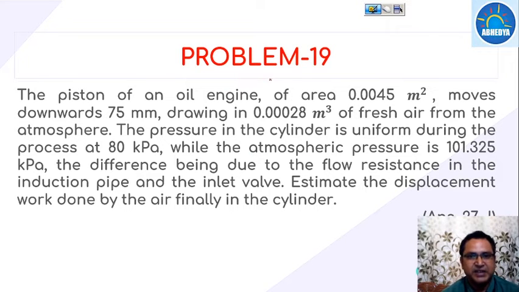The next problem is, the piston of an oil engine of area 0.0045 meter square moves downwards 75 millimeter. So this is the area of the piston and it moves downwards by 75 millimeter. So what is the volume?